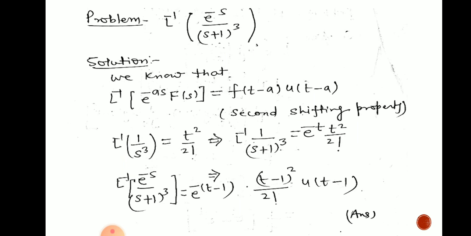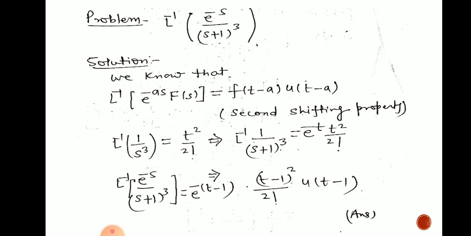So we know that the Laplace inverse of e to the power minus s upon (s plus 1) cube is equal to... this problem depends on the second shifting property.